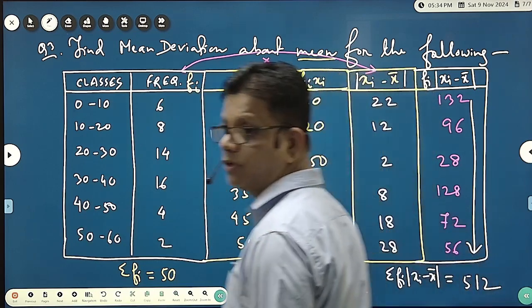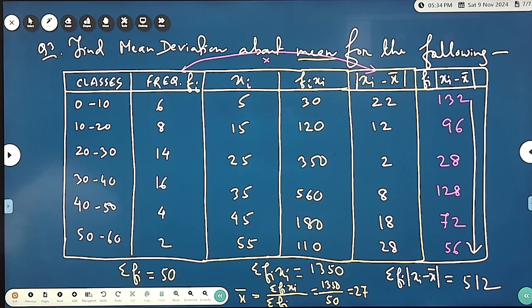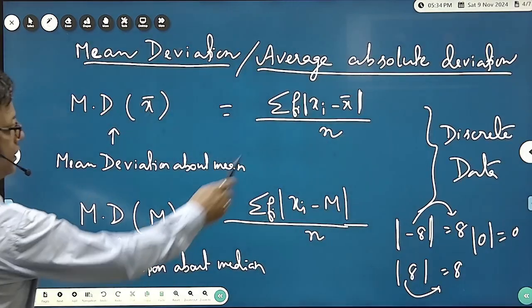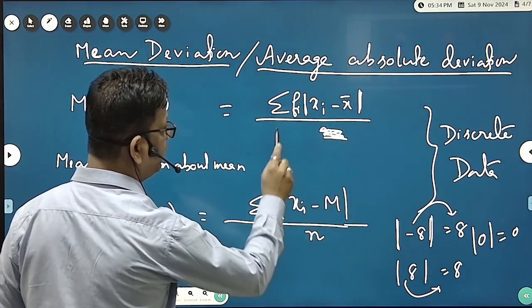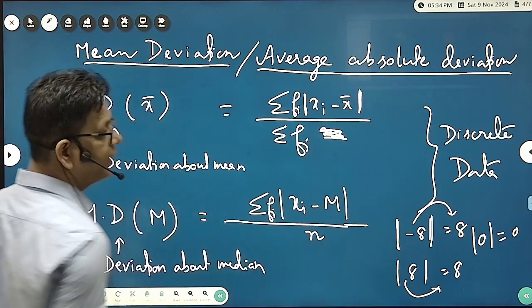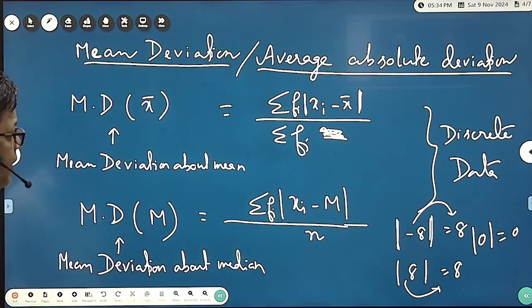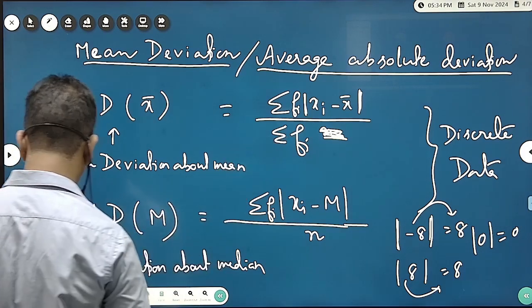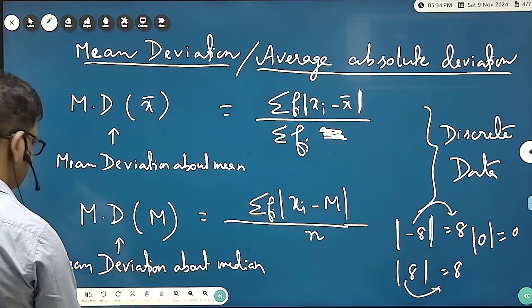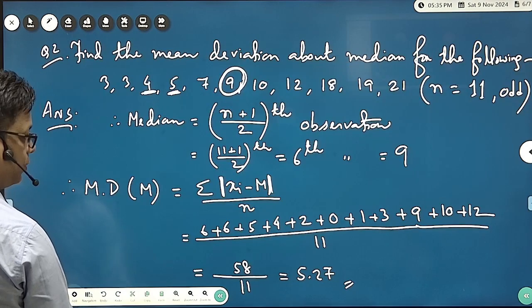So the tabular work is done. Now we just need to put it in a formula. As I showed the formula a few minutes back, this is the formula once again. But here in place of n, we have to just use summation of Fi, because summation of Fi refers to the total number of observations. So actually they are the same.